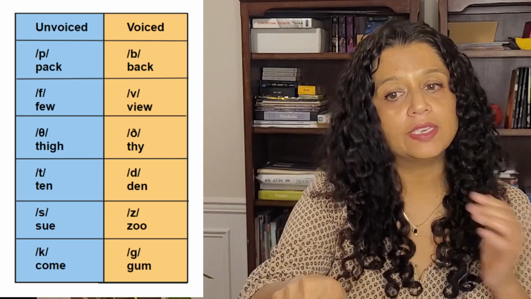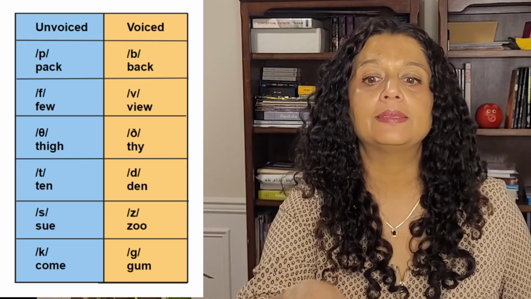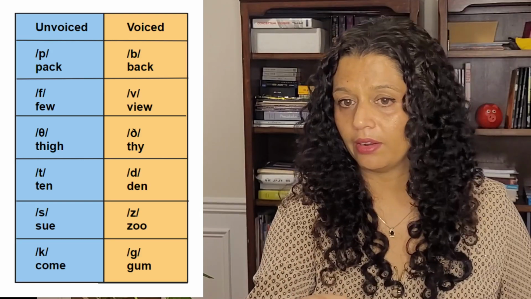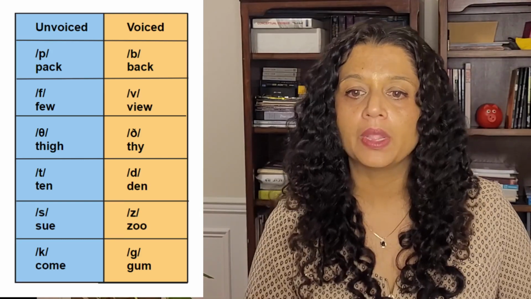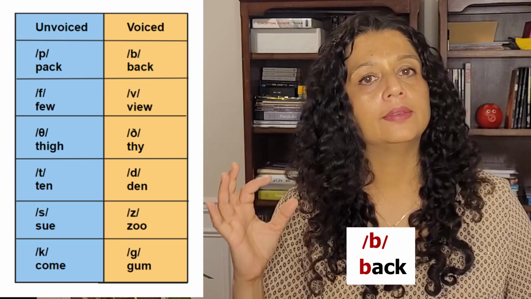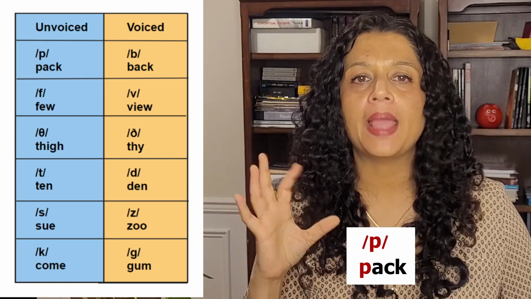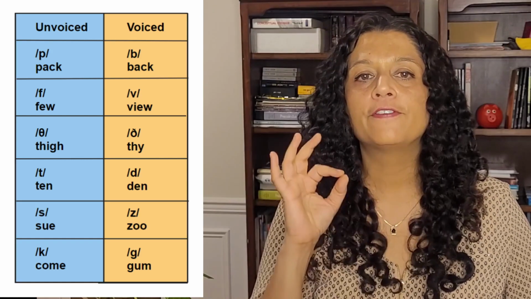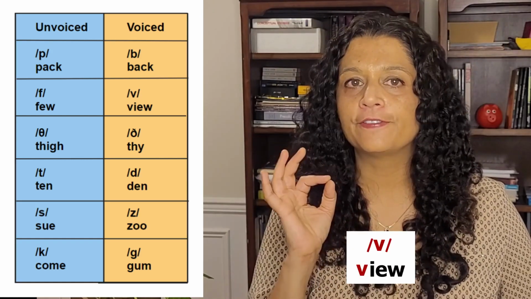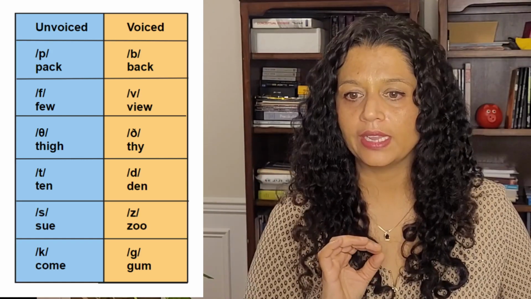And the pairs and the examples in this table illustrate that. Okay, so let's just quickly review them. B is a voiced sound. Back, pack, unvoiced. Few, v, view, voiced.